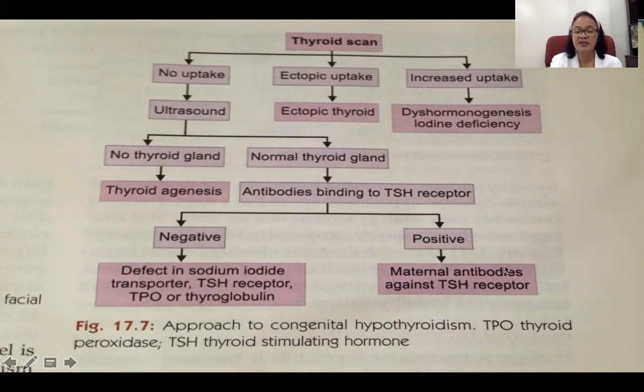If it's positive, then you will be dealing with this condition, having antibodies against the TSH receptor. If there is ectopic uptake, think about ectopic thyroid. If increased uptake, then you need to consider iodine deficiency.